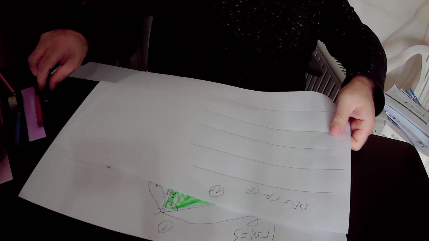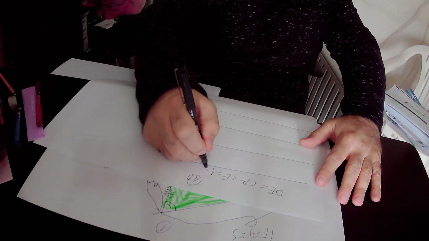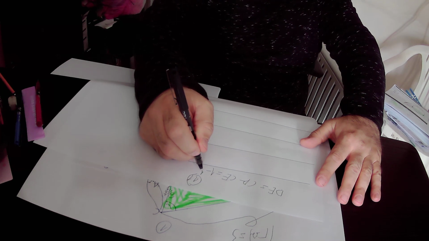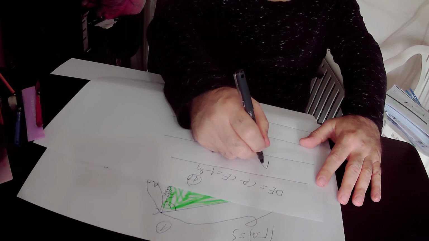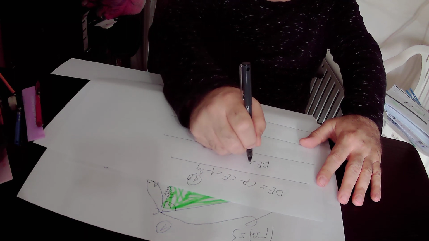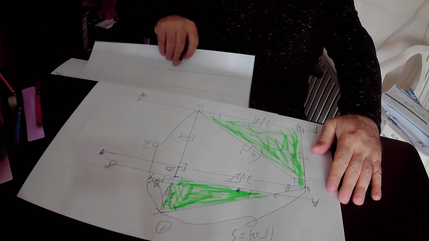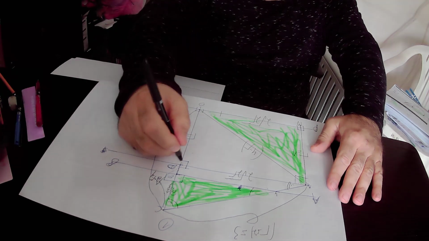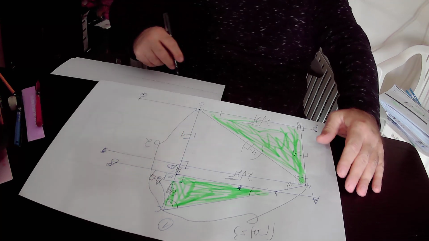So we can write down that DE equals 1 minus 2/3. That is to say DE equals a third. So we can write here that DE equals 1 over 3. Okay?